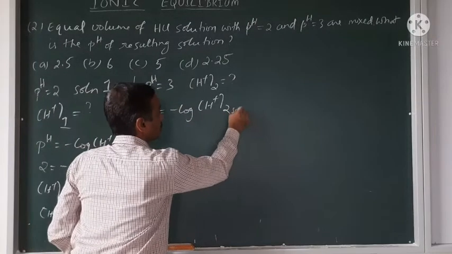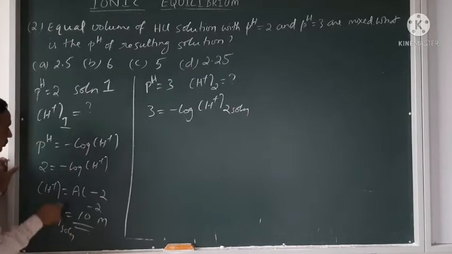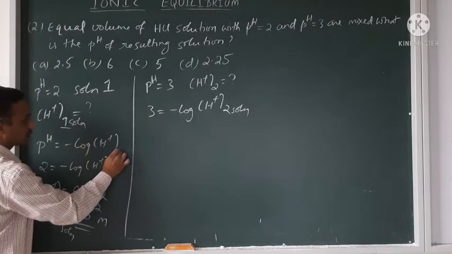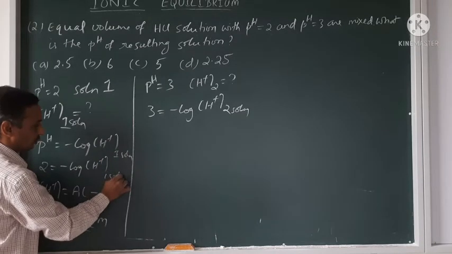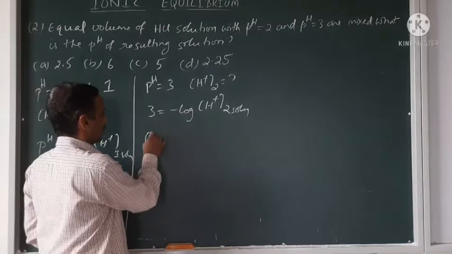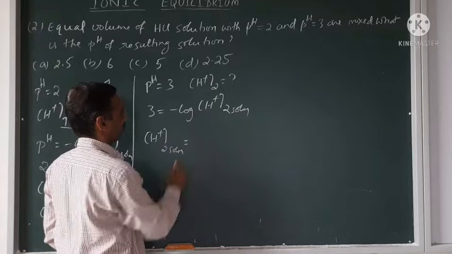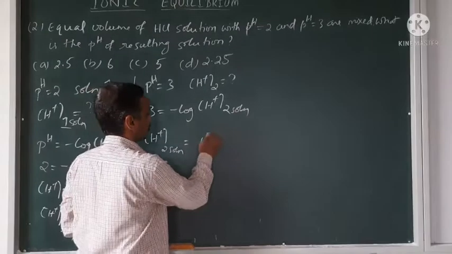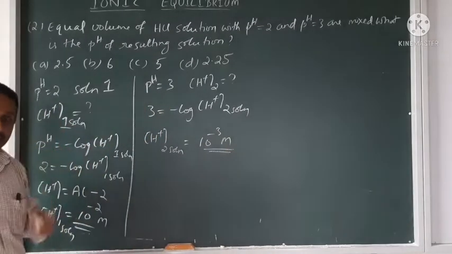It is the second solution; this is the first solution. Don't get confused. Not twice. So H plus ion concentration of the second solution is equal to anti-logarithm of -3, which is 10 to the -3 only.